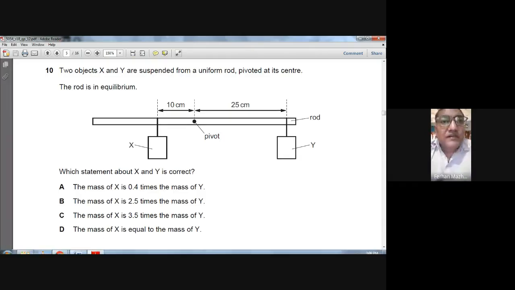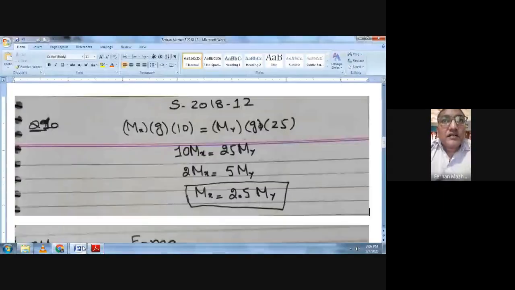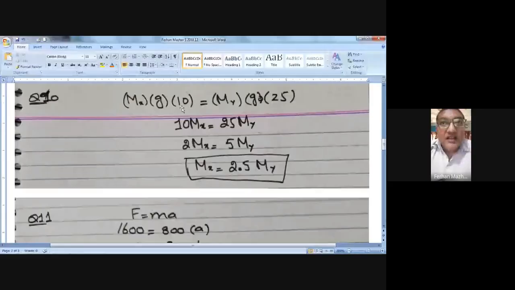I have done this on paper. Let me show you that. You see, mxg, this is the weight of X, multiplied by 10, its moment arm, equals mass of Y multiplied by g multiplied by 25. 25 is the moment arm. And so g and g will be cancelled: 10 mx equals 25 my.